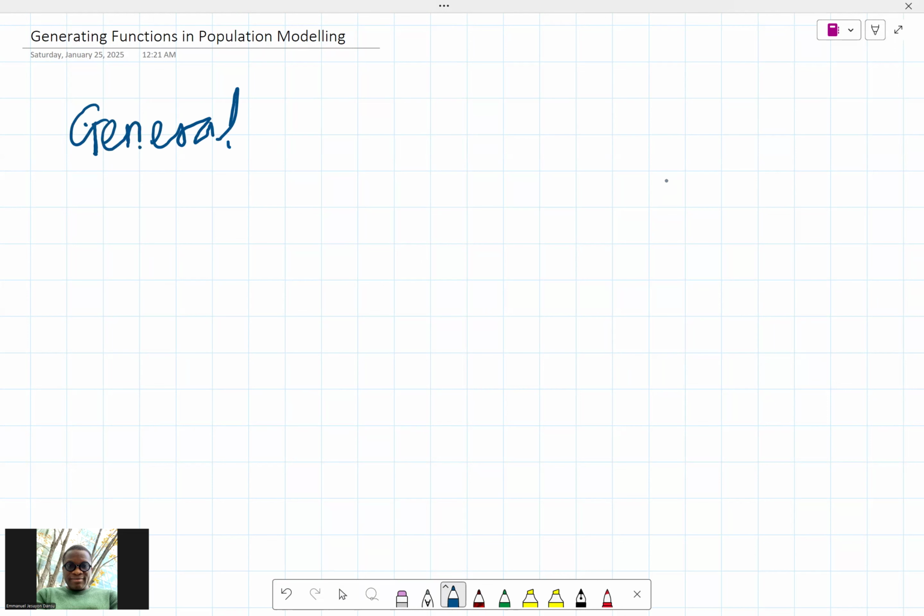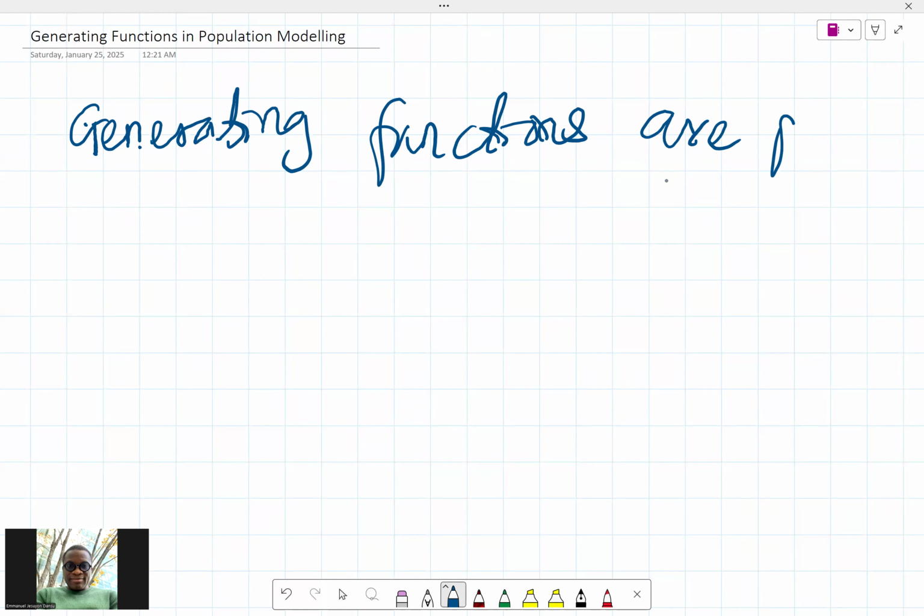Generating functions are powerful tools. I've said that a couple of times.